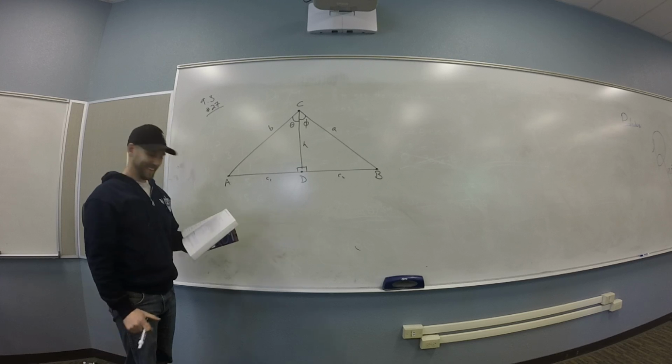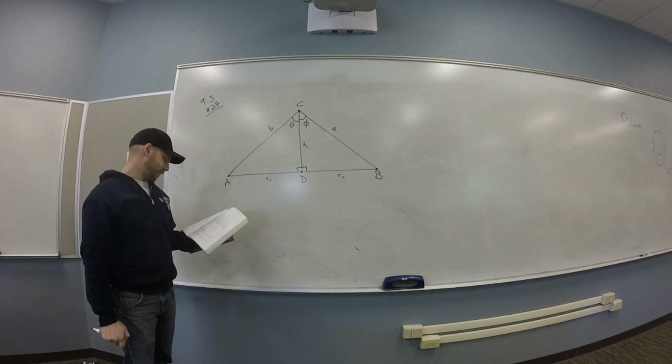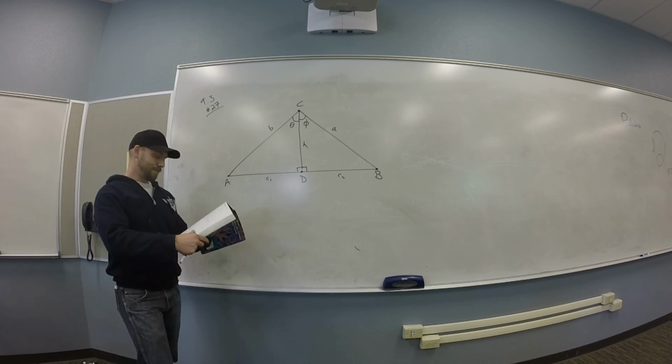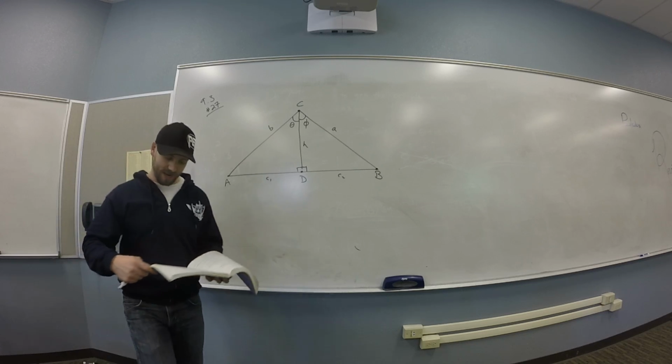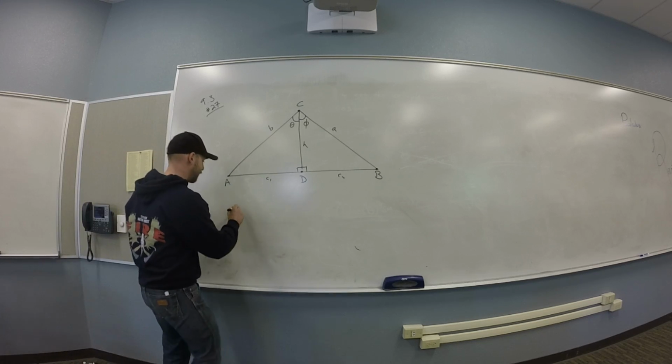All right, so then I'm supposed to find values for sine of theta, cosine of theta, sine of phi, and cosine of phi in terms of A, B, C1, C2, and H. That shouldn't be super hard.